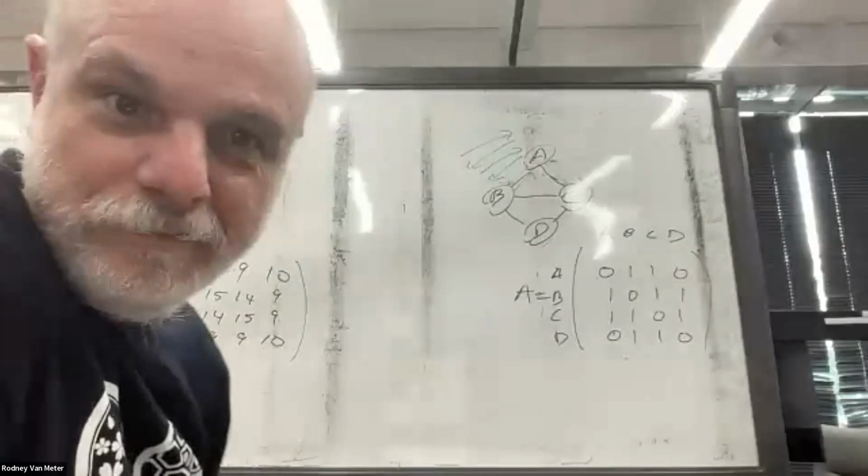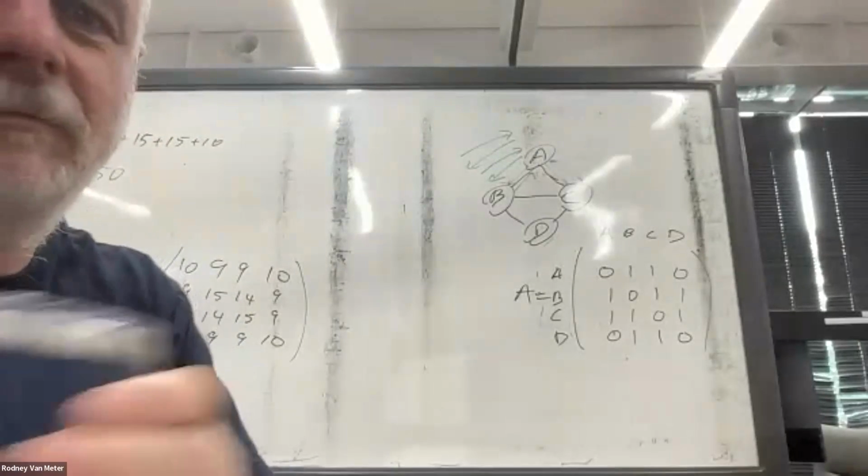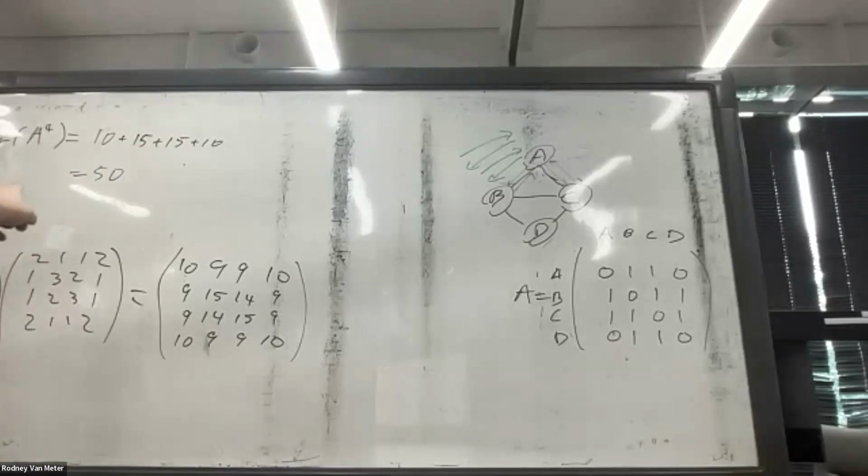49. Sorry, say that again. I think it's 49 because we got 50. So there's one square, so it should be 49 ways of going back and forth. That's a good thought. Don't forget though that we want to divide by 8.